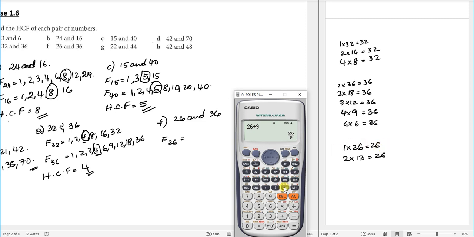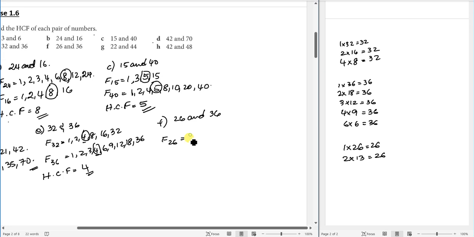I don't think there is any more. 26 by 12. Okay, so it is 1, 2, 13 and 26.